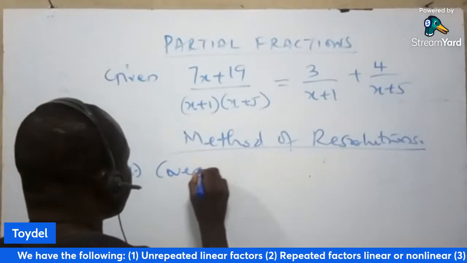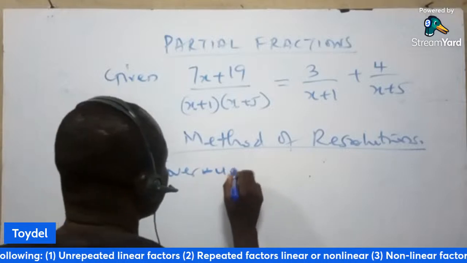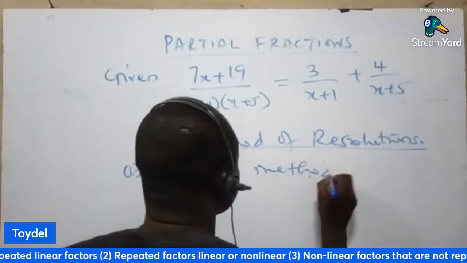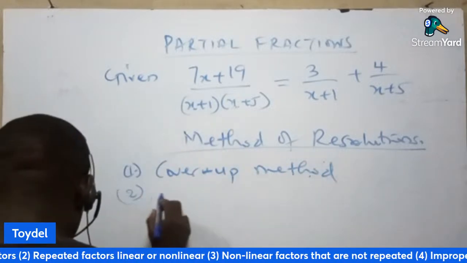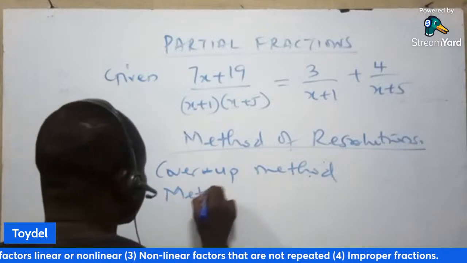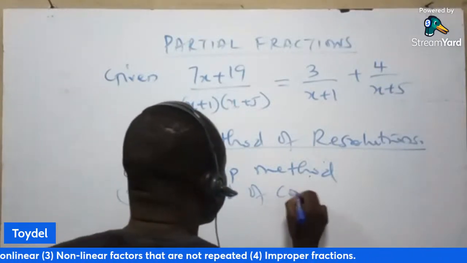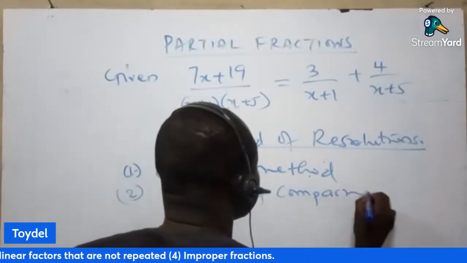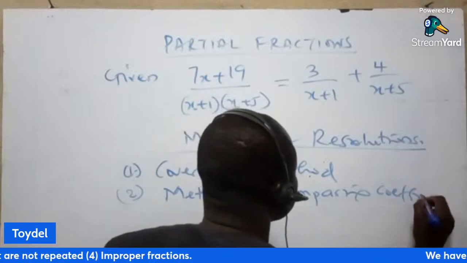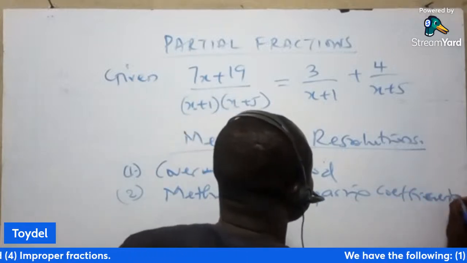The first one is the cover-up method. I'm going to show us this. And the second one is the method of comparing coefficients.